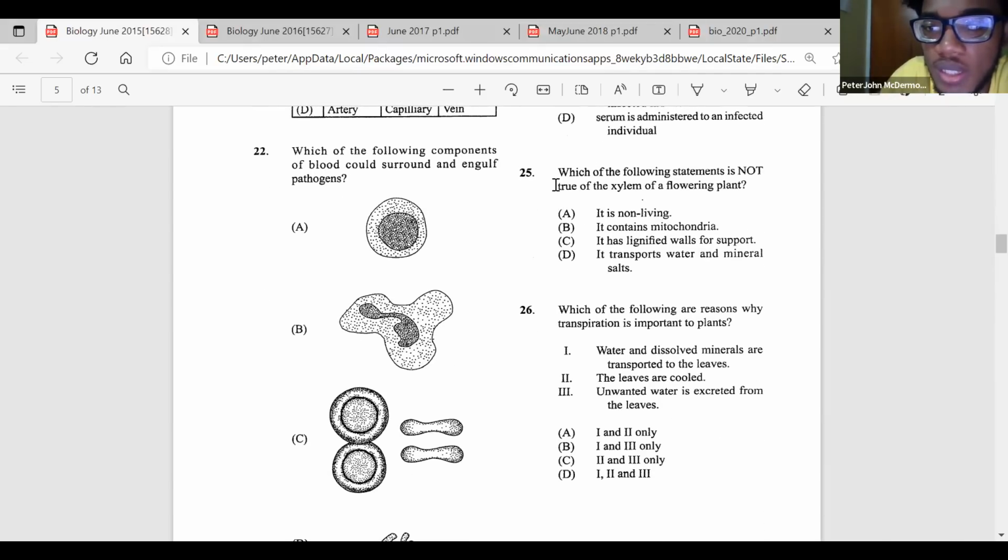Which of the following statements is not true of the xylem of a flowering plant? All right, let's go, guys. 5 seconds. This is kind of perfect on how to answer multiple choice. You're going to have to type in the chat because I really can't hear.